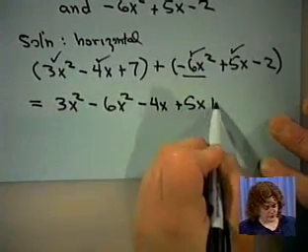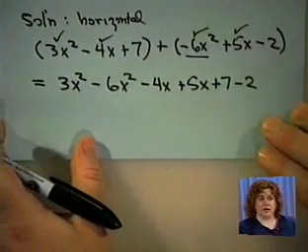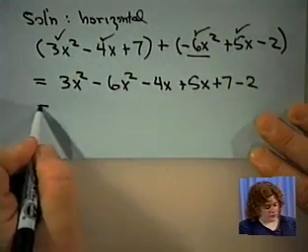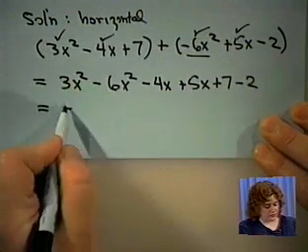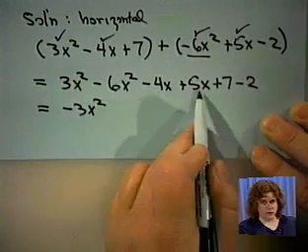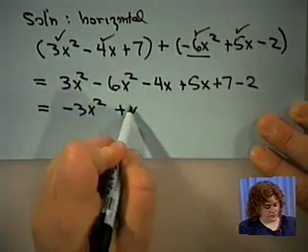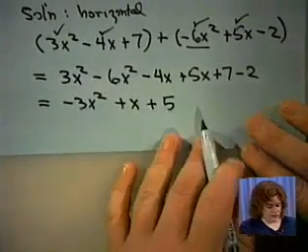The 7 plus 7 minus 2. And now we can just simplify. We add or subtract the coefficients and leave the variables alone. 3 minus 6 gets us a negative 3x squared. Minus 4 plus 5 gets us plus x, and 7 minus 2 is 5. And that is our answer.